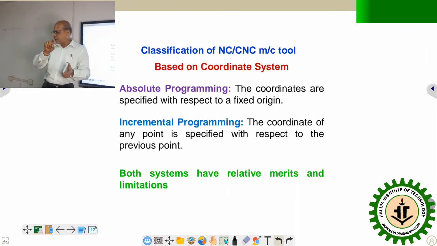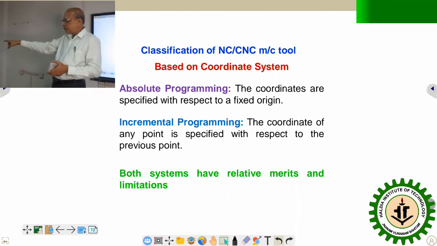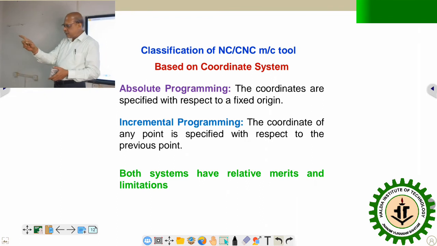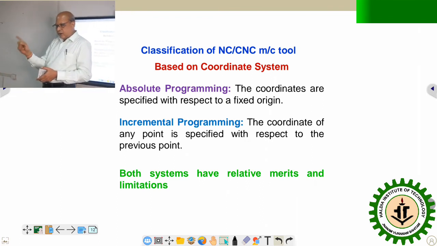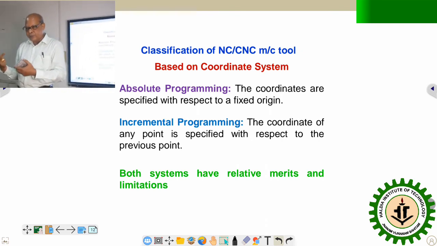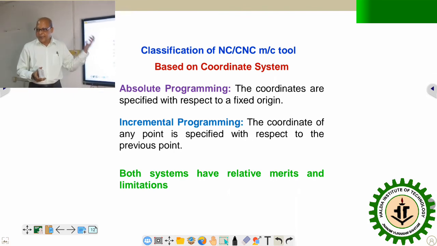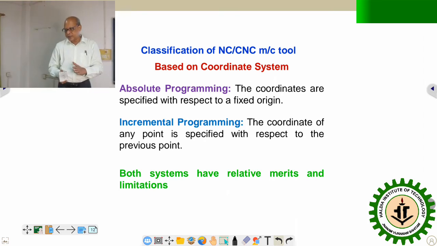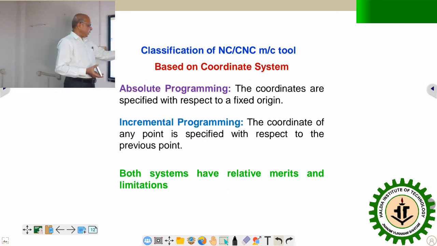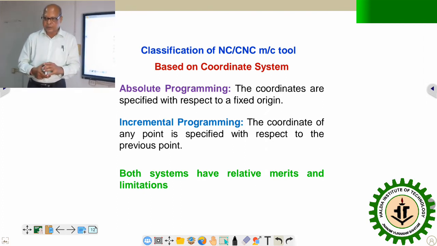Quite often, if there are a number of holes, just like your plug point with 2 holes, or there may be more holes, the dimension distance between the holes can be provided either from the origin or as a relative measure. In whichever way it is provided in your drawing, accordingly you can fetch the data directly from the drawing without undertaking much calculation. So accordingly you can opt for either absolute or incremental mode of programming.